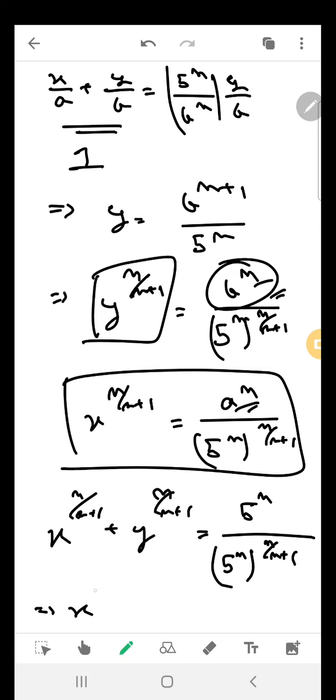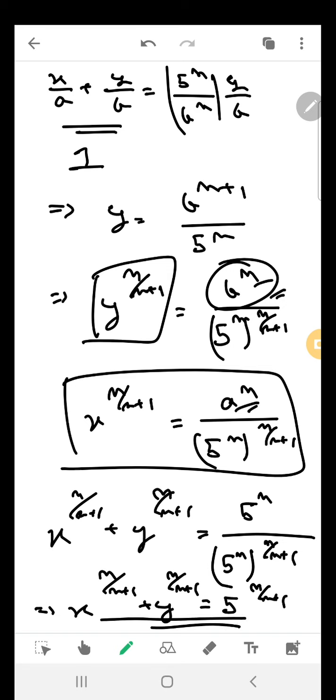This gives x to the power n over n plus 1 plus y to the power n over n plus 1 equals 5 to the power n over n plus 1. And this is your required equation of the envelope of the given family of curves.